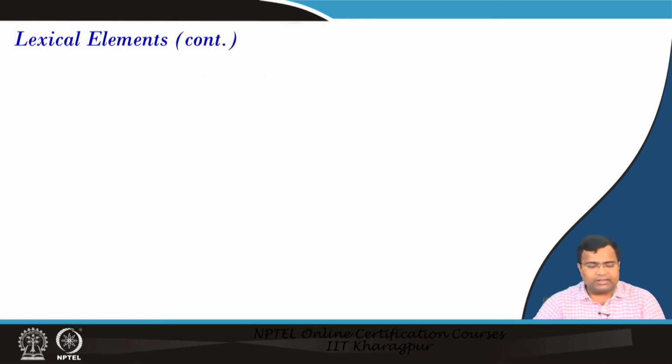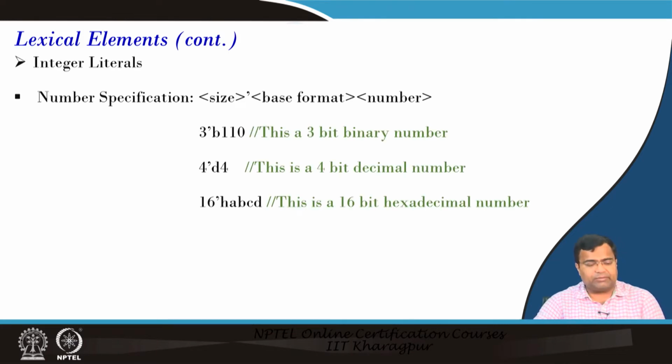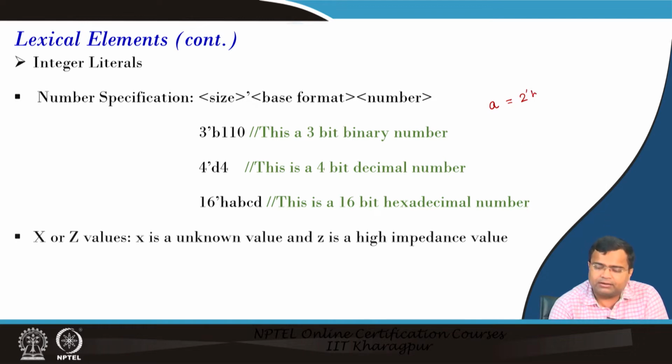Then number specification. In Verilog, if you are writing a number, suppose I am writing a equal to some number, by default let's say this is a binary number, like a 2-bit binary number. You can write 1001 like this, or 8-bit and so on. You can also write in decimal.